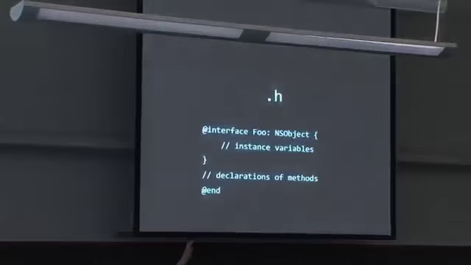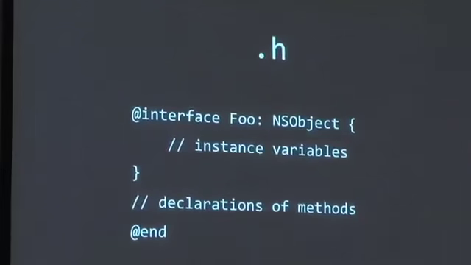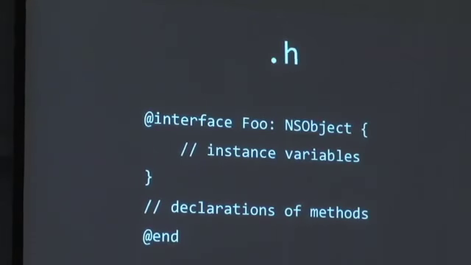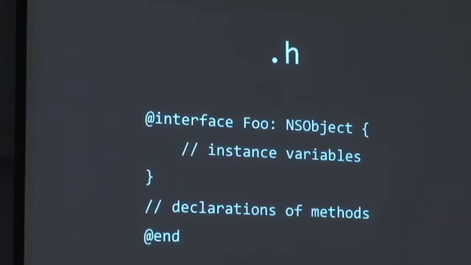So in Objective-C, typically, if you want to declare some class, like we did at the very start of today in PHP, you put that declaration of the class in a header file, in a .h file. And the syntax you use is this: @interface, the name of the class you want to declare, in this case it's Foo, colon, the name of the class that it descends from, if any.